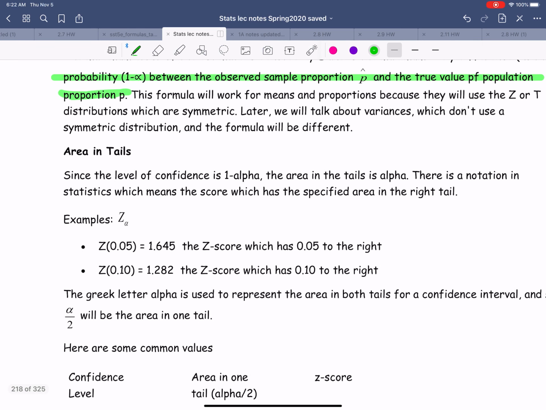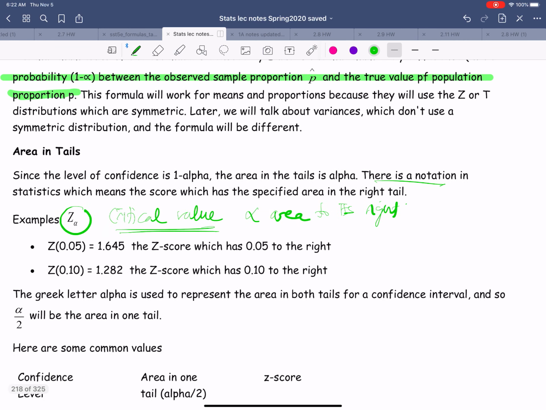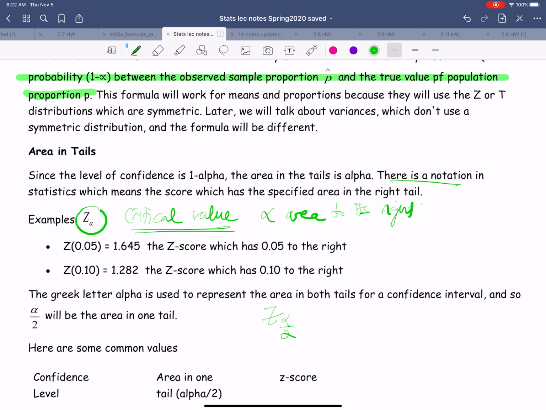In the previous chapter, we talked about the critical value Z alpha. Z alpha was the one that had alpha area to its right. Now we will be talking about Z alpha over 2, based on the confidence level.